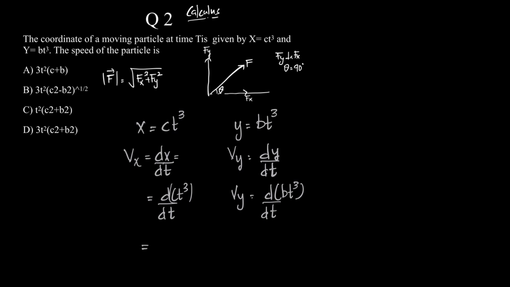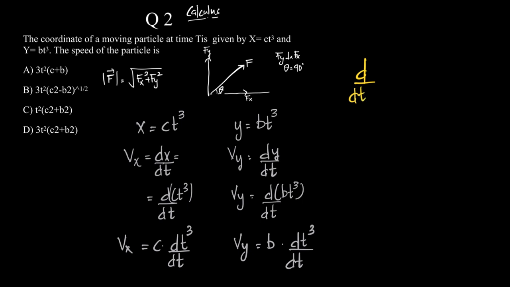Moving on further, since c is a constant, I can take c outside, so what I get is c into d by dt of t cube, which is Vx, and Vy is equal to, take b common, b into d by dt of t cube. Now, what is d by dt of t to the power n? It is n into t to the power n minus 1. In which case, what is d by dt of t cube?